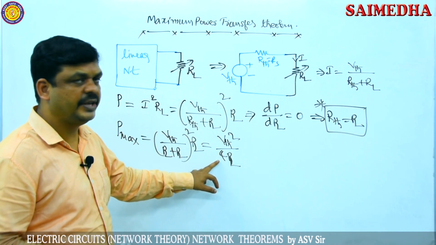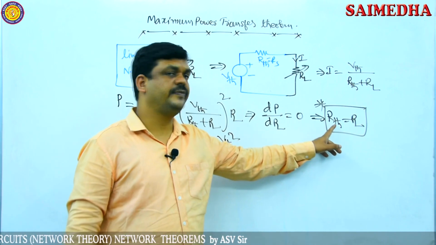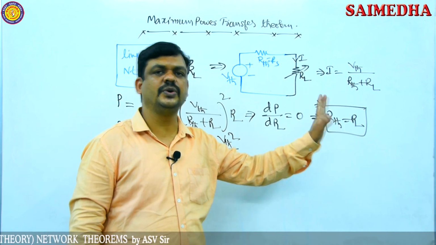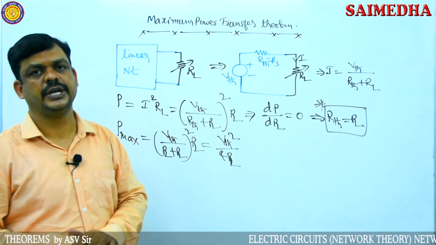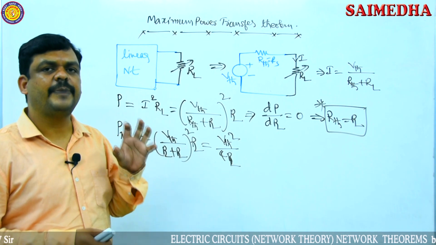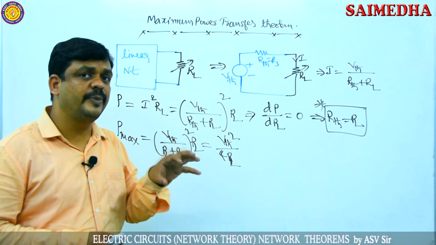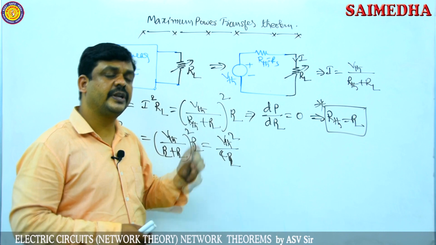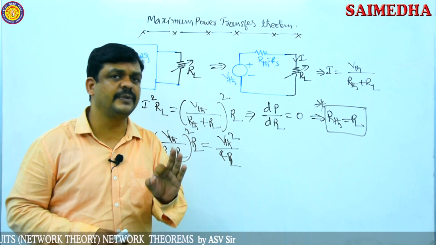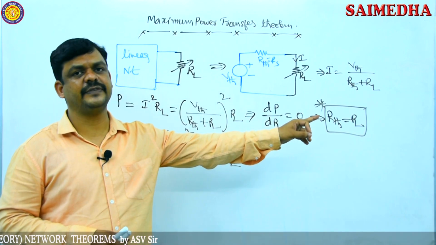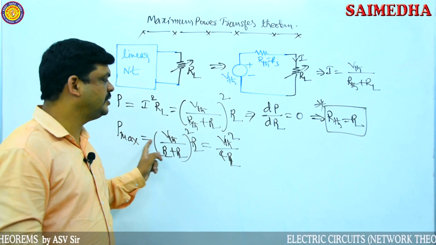This is the maximum power equation, and the condition for maximum power is R Thevenin equal to RL for DC circuits. If the circuit is a DC circuit, the power consumed by the load resistor RL is maximum if RL is equal to R Thevenin, and that maximum power is V Thevenin square by 4 RL.